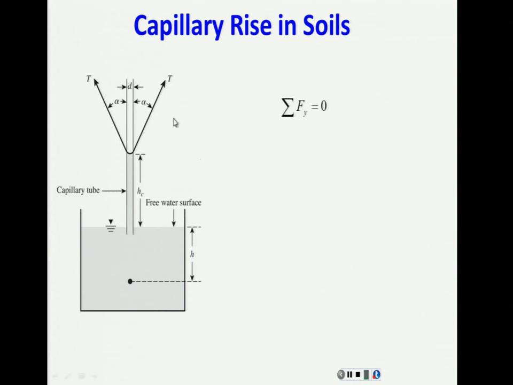If you do summation of forces in Y, at this point, basically what you're going to have is this, remember, the area, this is the weight of this part, the area of the water times the column of the water times the weight of the water. This is the weight of the water in this capillary tube, this part, going down.